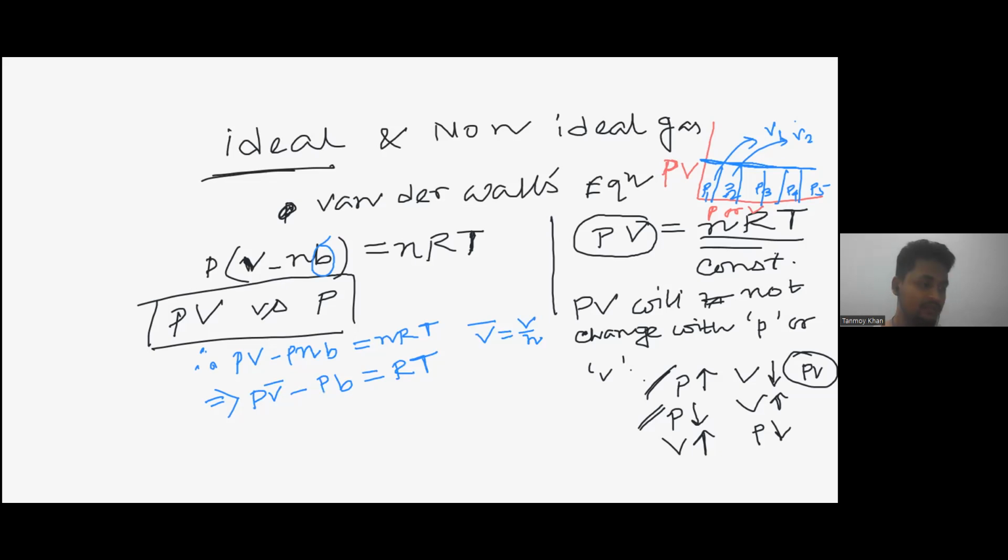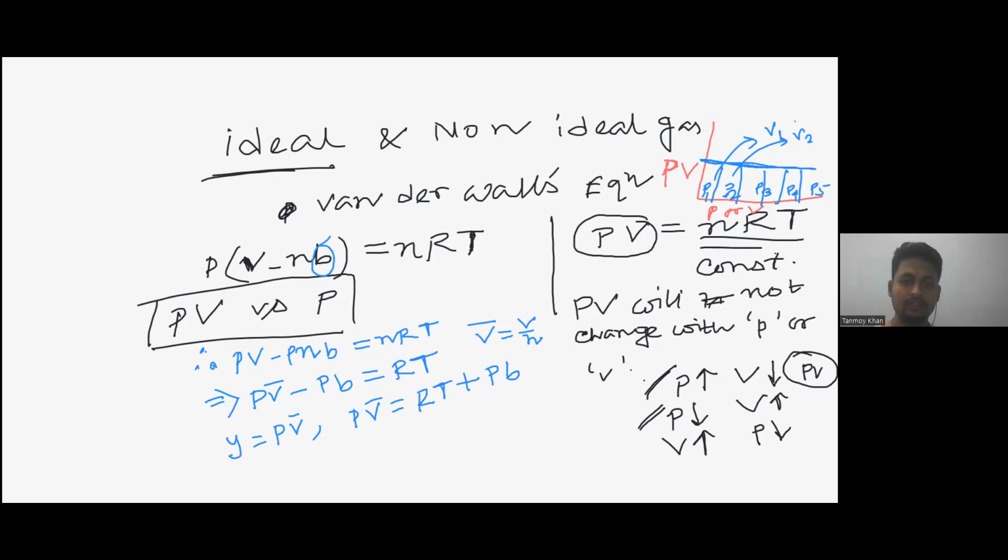So PV is this. Now let's say your Y is PV bar. So that means PV bar is RT plus bP.